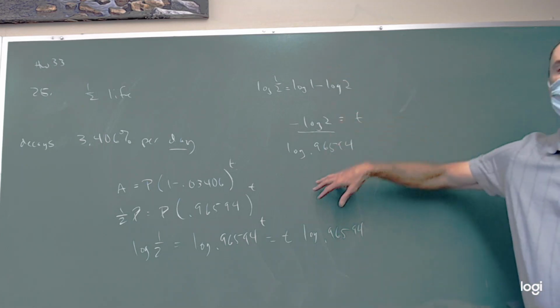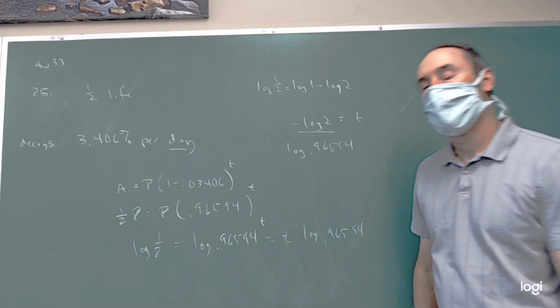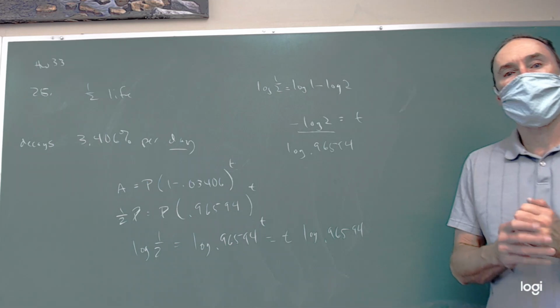Now you don't have to do this, because you can just take the log of 1/2 divided by the log of that, but I try to never miss an opportunity to reinforce properties of logarithms.